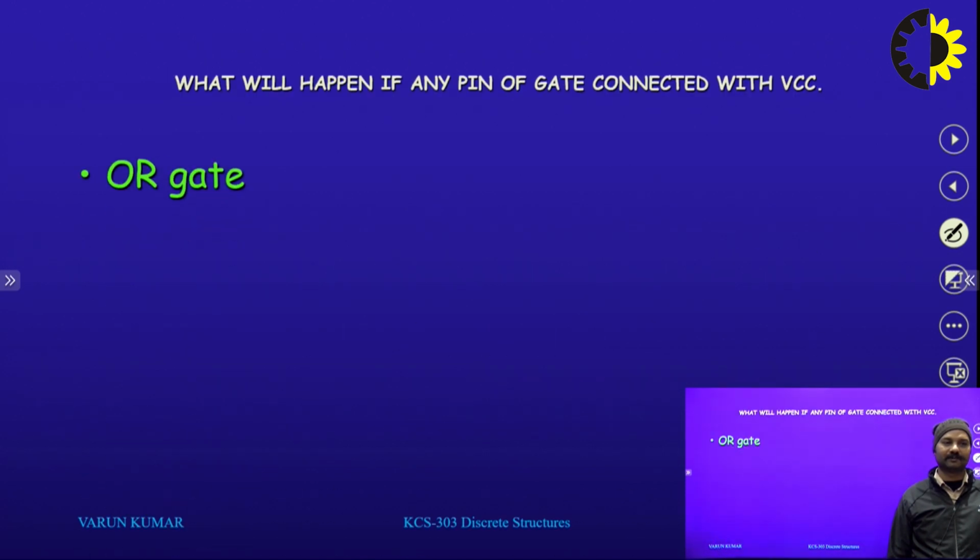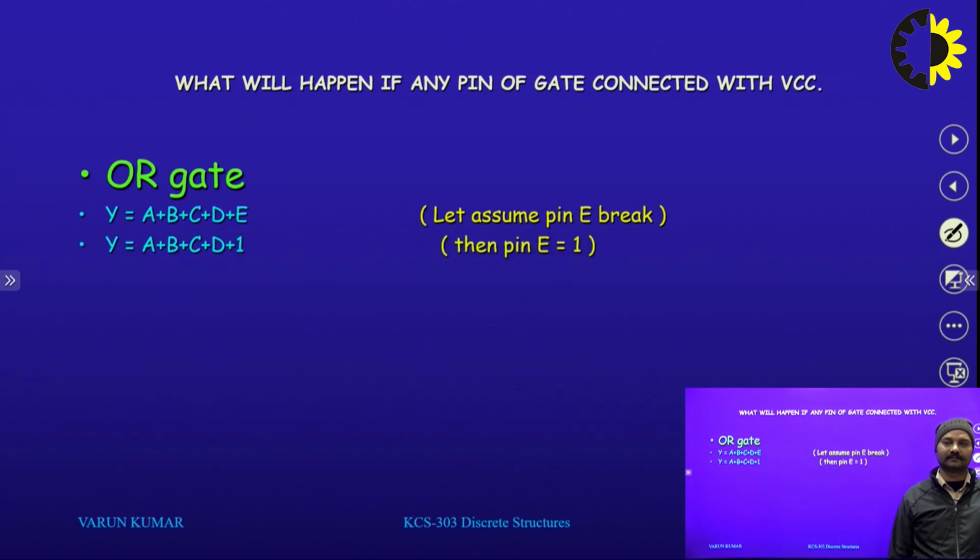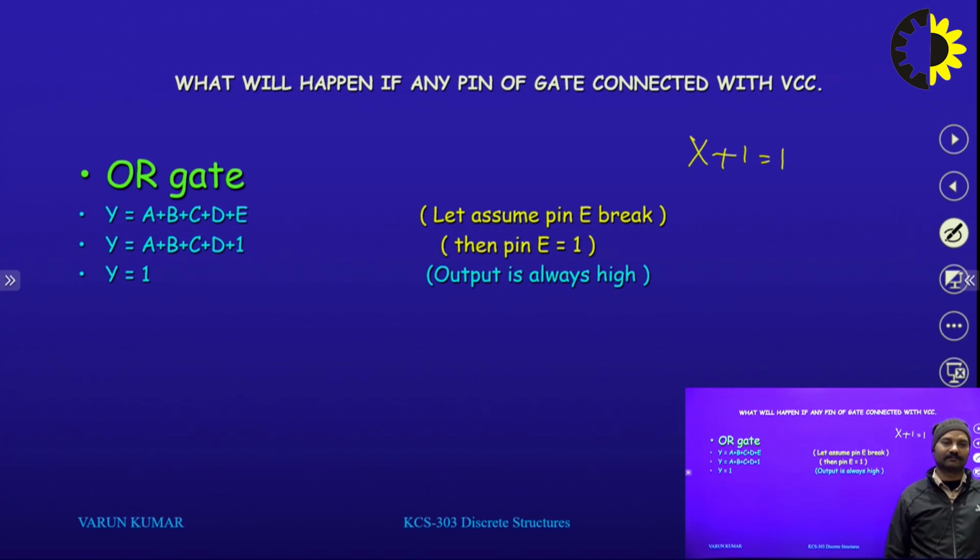And what will happen for the OR gate? If we put E is equal to 1, A plus B plus C plus D plus 1, any expression x plus 1 becomes 1. It means the output is always high. It means the OR gate does not work properly, so the NOR gate also does not work properly.